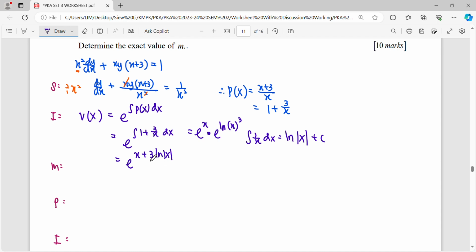Use the properties of logarithm, move the 3 up, it will be x to the power 3. If your power is plus, it means the indices are multiplied. So we separate this power so that you can simplify e to the power of ln. It will give the remaining term x cubed. So your integrating factor is x cubed e to the power x, the simplest form of this.